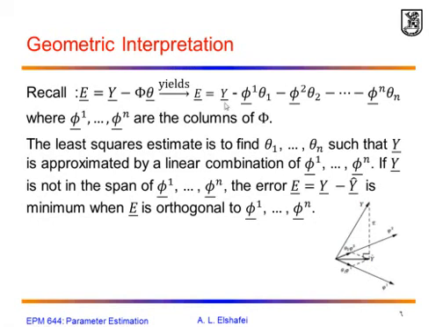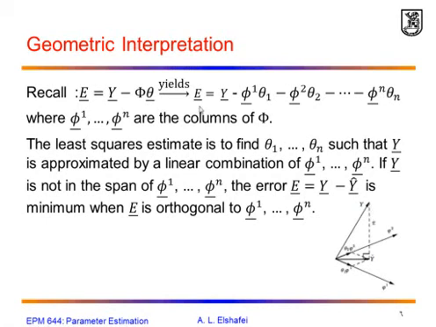Now the actual vector of measurements y is not necessarily in the same plane, so I'm assuming in general a vector y to represent the collected output measurements in a third dimension as shown here.